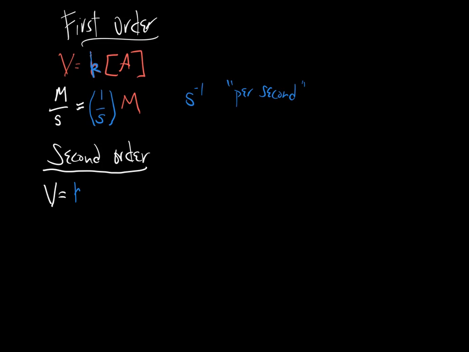A little k. Well, if zero order, the exponent was equal to 0, and first order, the exponent is equal to 1, what do you suppose in the second order the exponents are going to add up to? 2. Yes. So there's two ways to do a second order.